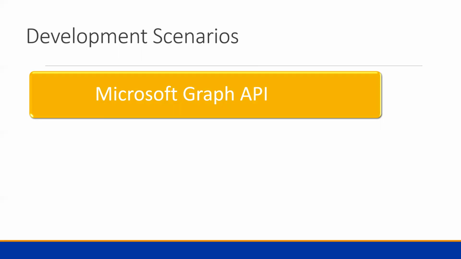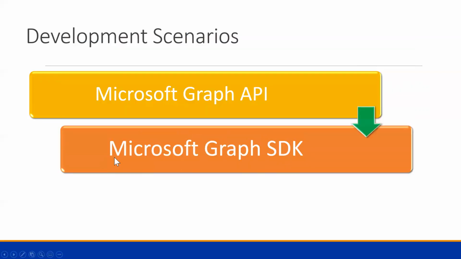There might be a scenario where you get an exception, and you need to do exception handling for connectivity, for token expiry or caching, etc. To handle these scenarios and help developers, Microsoft introduced the Graph SDKs.